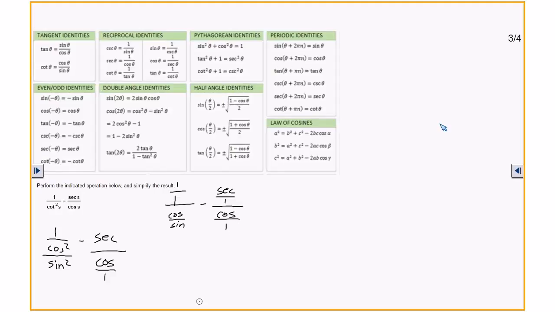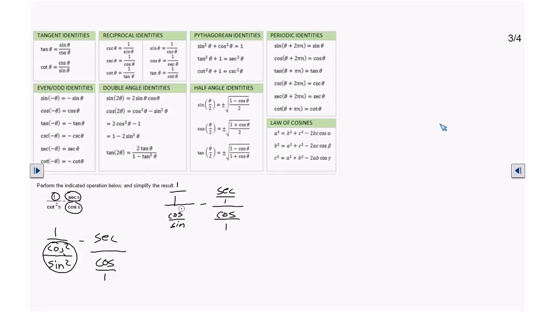Why is it 1 over 1 over cosine? Well, what's 1 over 1? Get rid of the square. I'm making everything a fraction. I'm turning all these into fractions because of this fraction right here. Now, the common denominator is sine. Does the cosine and sine still need to be squared? Yeah, thank you. Cosine squared.